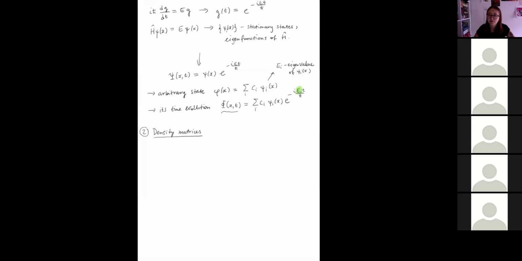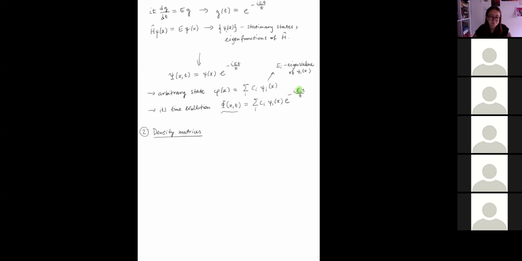Imagine that I have an array of quantum states, and then I also have a probability distribution, separate from this array of states. And then I want to perform the following procedure: I want to prepare a particular state out of this array with the probability given to me by the probability distribution.